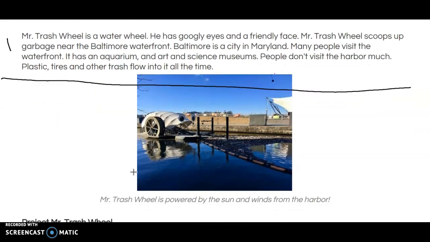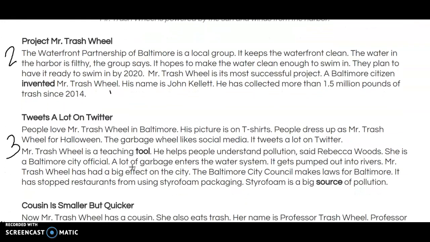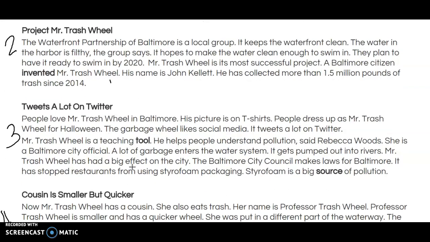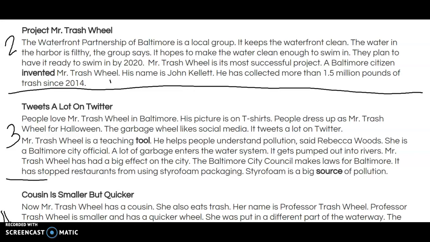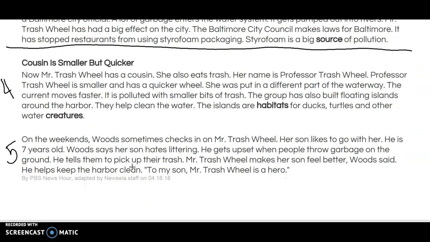Okay, so this first paragraph stands alone, so that's a great paragraph to just put a line through. If we scroll down, there are sections in between 2 and 3 and 3 and 4. So we can draw a line through the sections. And then we have 2 paragraphs at the end. Sometimes when there are larger sections, we are going to break them up.